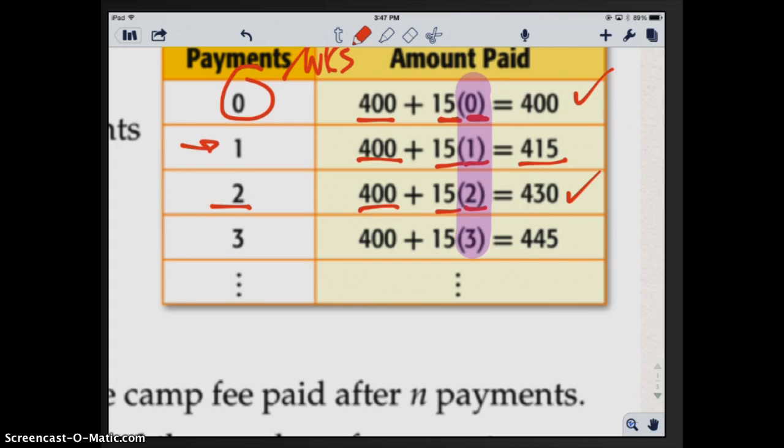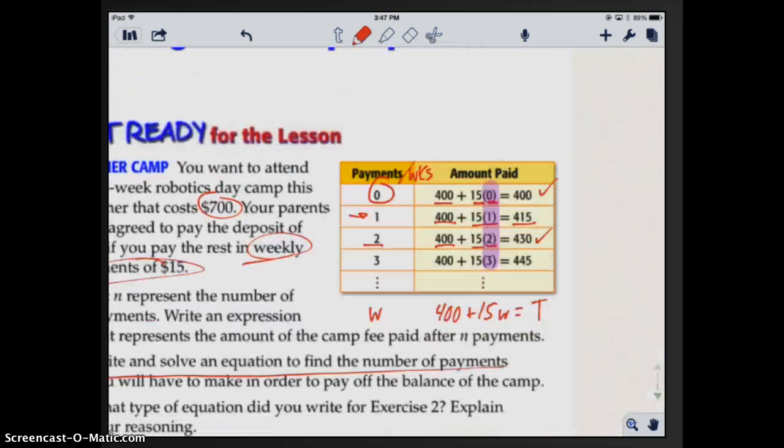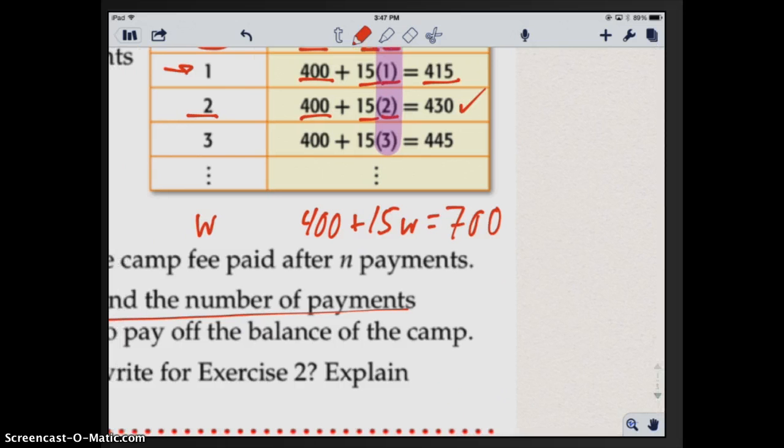So after W weeks, you can write an equation stating that your parents pay $400 plus $15 for every week that you pay equals the total amount. Now it costs $700, that's the total, so instead of T, I'm going to put $700. So that's writing an equation.